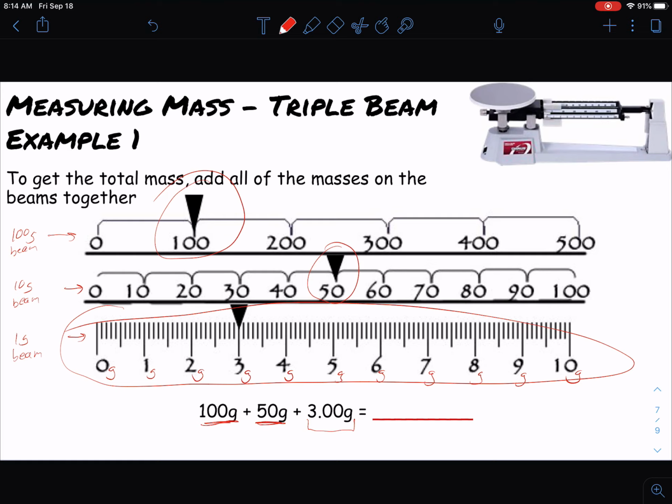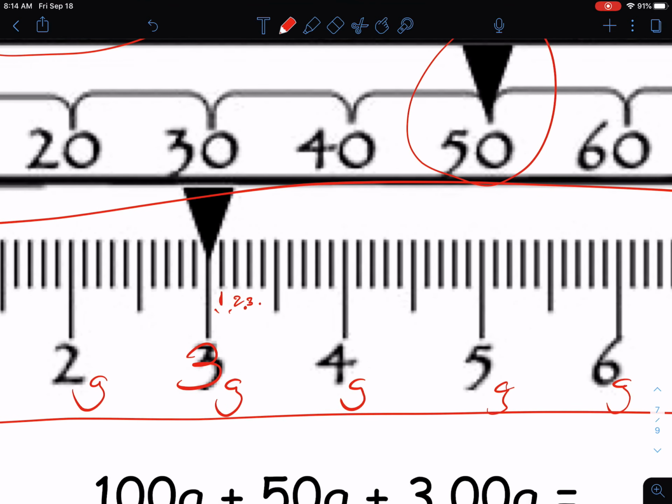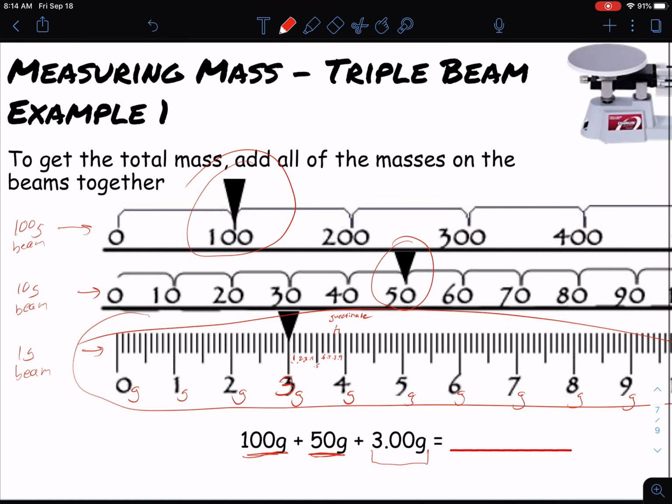But you read the triple beam 1 gram beam the same way. This is 3 grams. This is 3.1, 3.2. I'll zoom in here so we can see. 3.3, 3.4, 3.5, 3.6, 3.7, 3.8, 3.9. And in between here is your guesstimate number. That's where you have to take a guess at it.